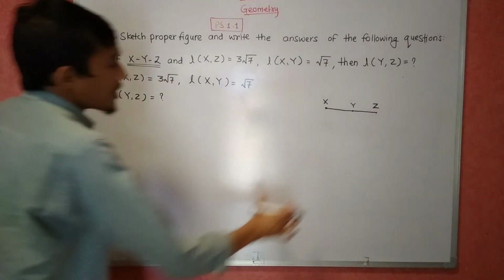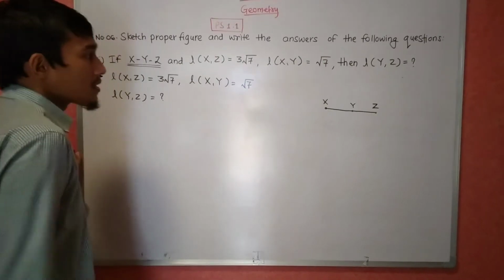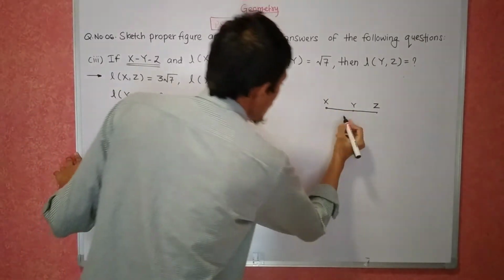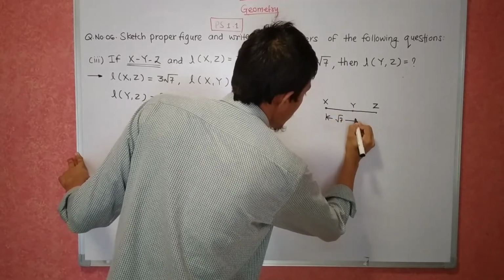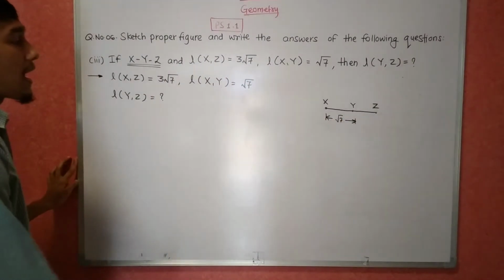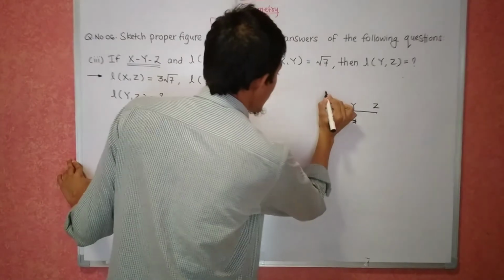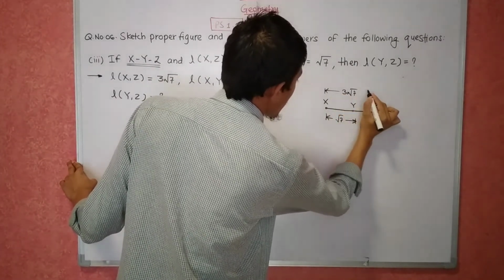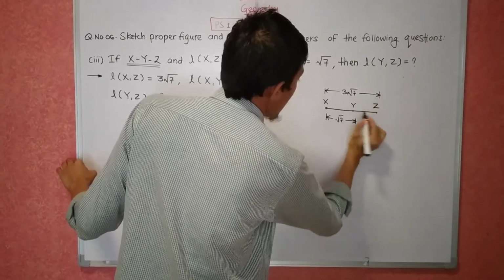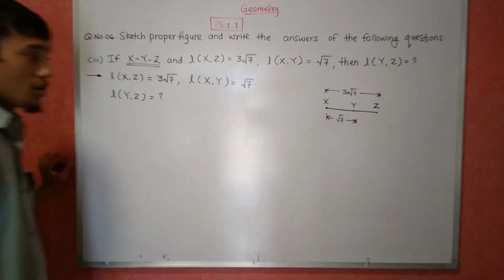Now in the figure itself you can see xy is root 7, okay, and xz is 3 root 7, and we have to find the value of yz.